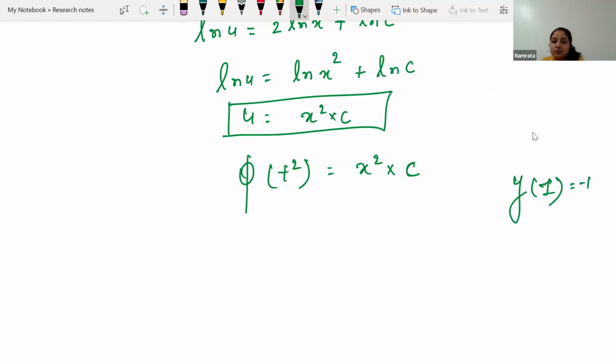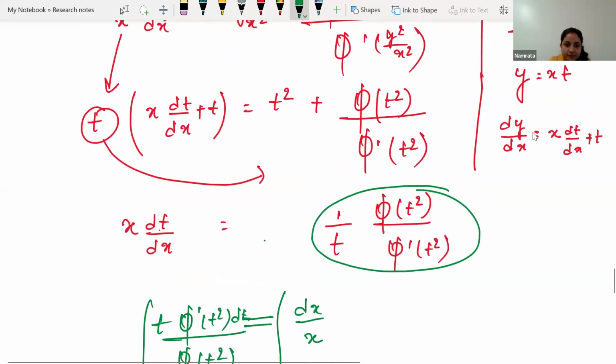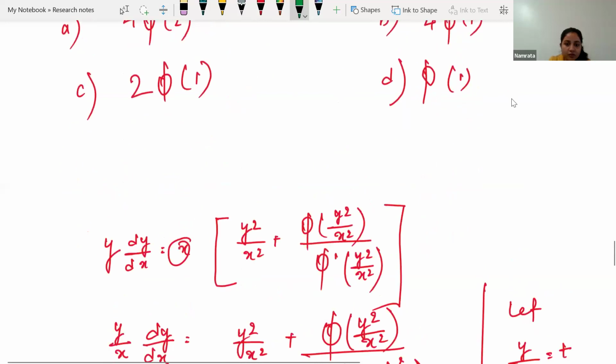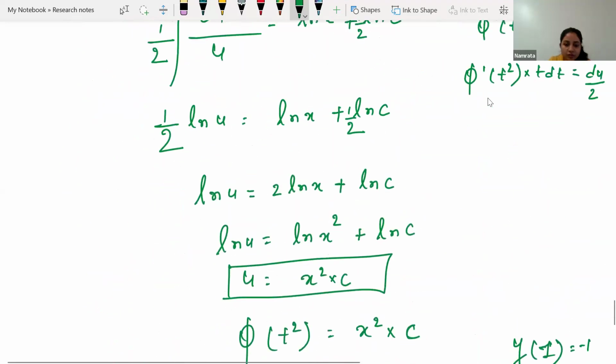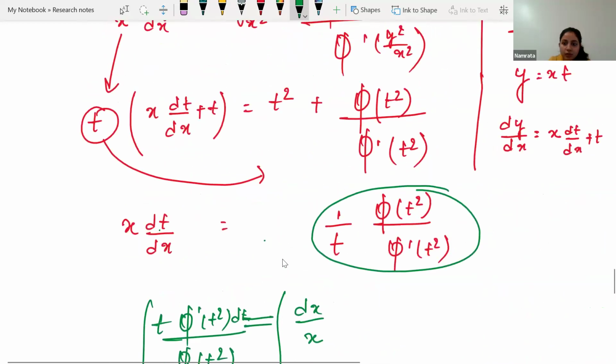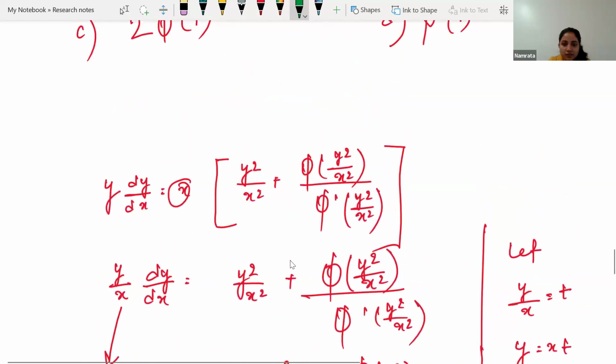That means when x is 1, then y is negative 1. So constant, how we will get over here? When x is 1, then t. What we have assumed as t? Y by x.